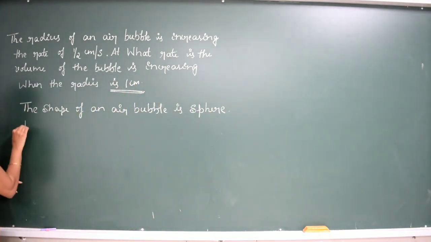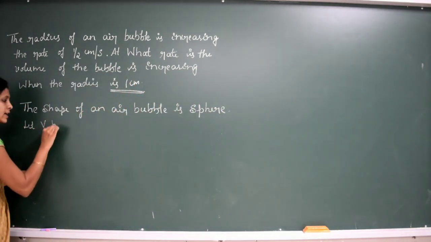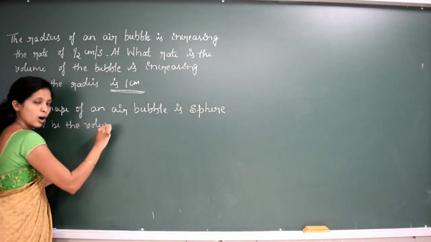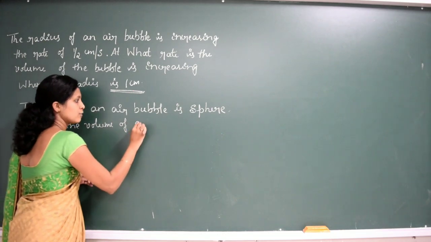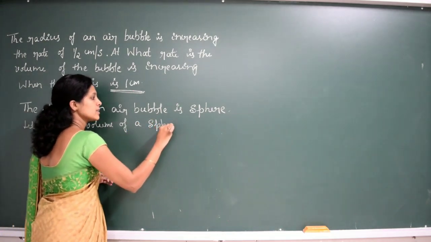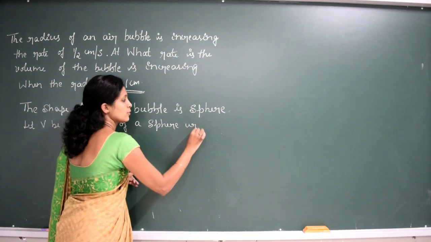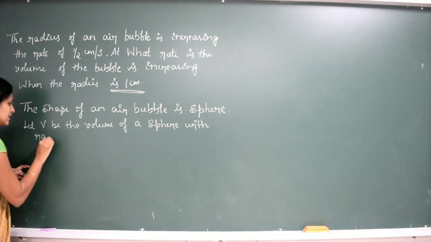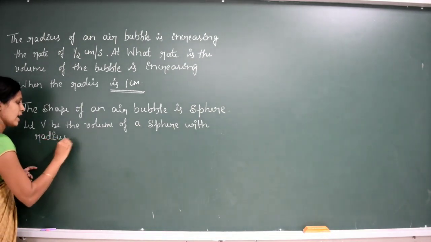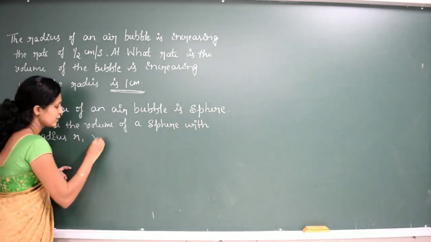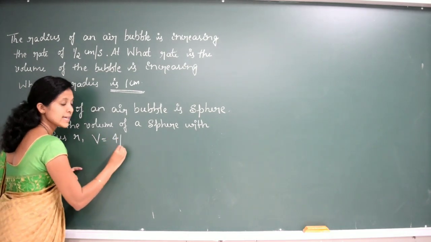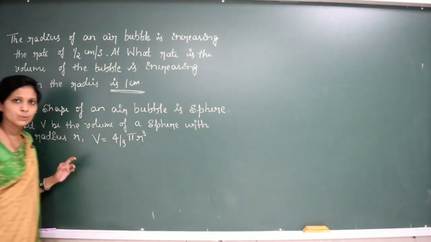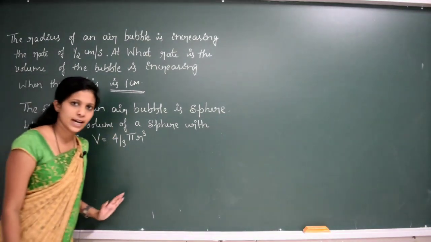Then we'll consider, let V be the volume of a sphere with radius r. So clear? With radius r. Then what is the value of V? V is equal to 4 by 3 pi r cube. So clear? Volume of a sphere is given by 4 by 3 pi r cube.